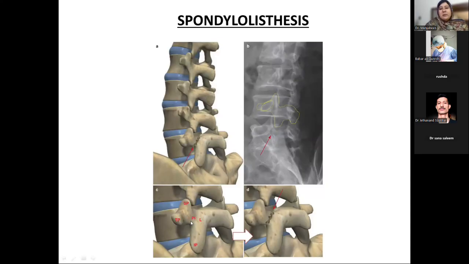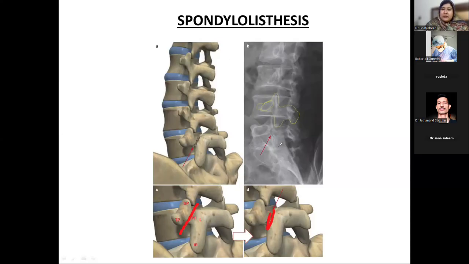Now here similarly there is a fracture of the pars. If there is a fracture of the pars interarticularis of a lumbar spine like this, then it will cause spondylolisthesis.